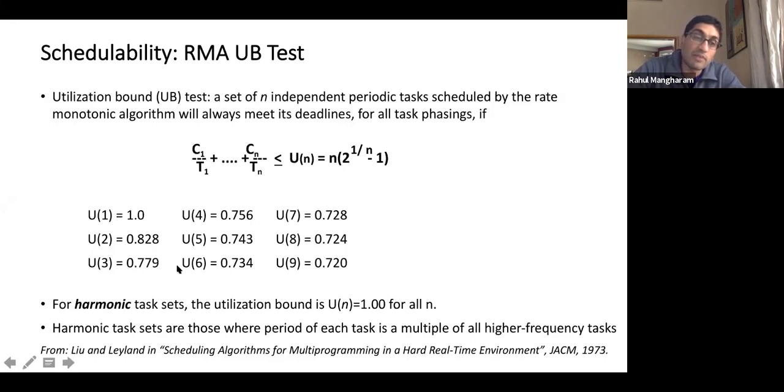And therefore you can just plug in now in this formula and say, well, my task set has some utilization and I have 5 tasks. So therefore your utilization bound is 0.743. And if your total utilization of your task set is less than or equal to this value, then it's schedulable.